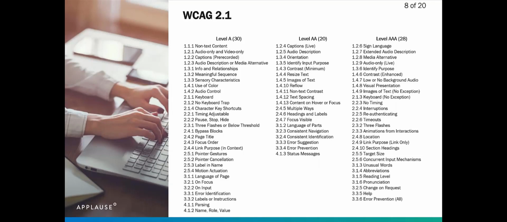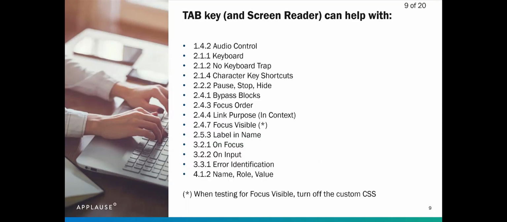When you're testing with the tab key, in addition to a screen reader and a focus indicator, a custom style sheet, you can really test for about 14. There may be some other ones here that I didn't list, but just off the top of my head, I was able to list 14 different checkpoints that I can test using the tab key.